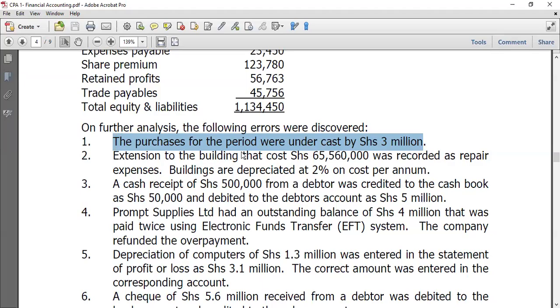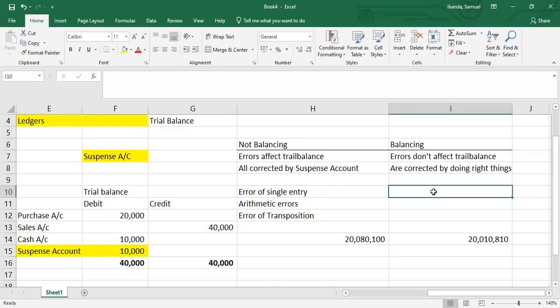Now, when you look at errors that don't affect the trial balance, of course, we have the error of principle. And what happens with an error of principle?